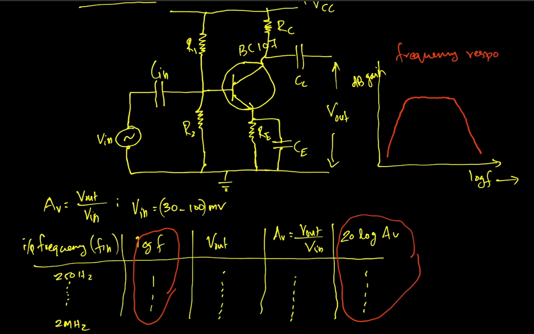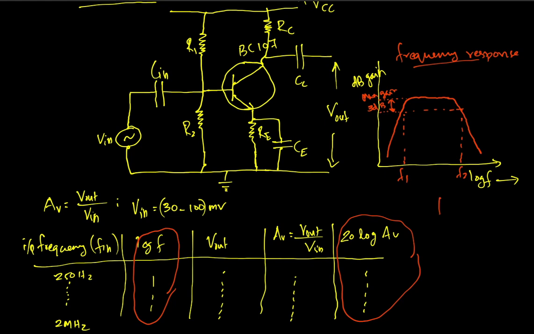From the frequency response we can calculate the bandwidth. To calculate the bandwidth, we will mark down the frequency range at 3 decibel down from the maximum gain. That is, from the maximum gain we will mark a point 3 decibel down, and these frequencies are called the lower cutoff frequency F1 and the upper cutoff frequency F2.